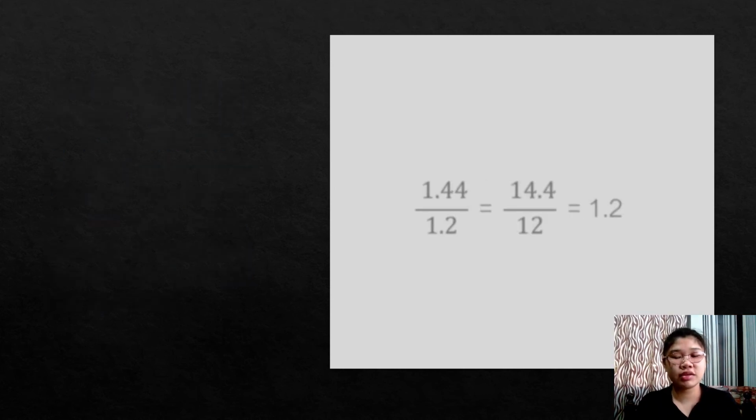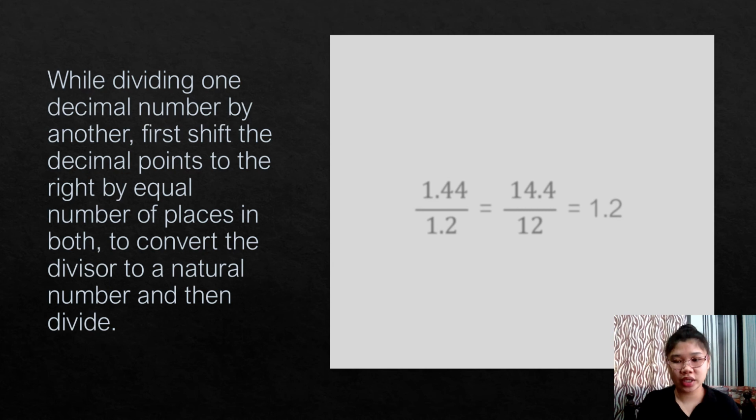So here's an important note in division. While dividing one decimal number by another, first shift the decimal points to the right by an equal number of places in both numbers, to convert the divisor to a natural number, and then further divide it.